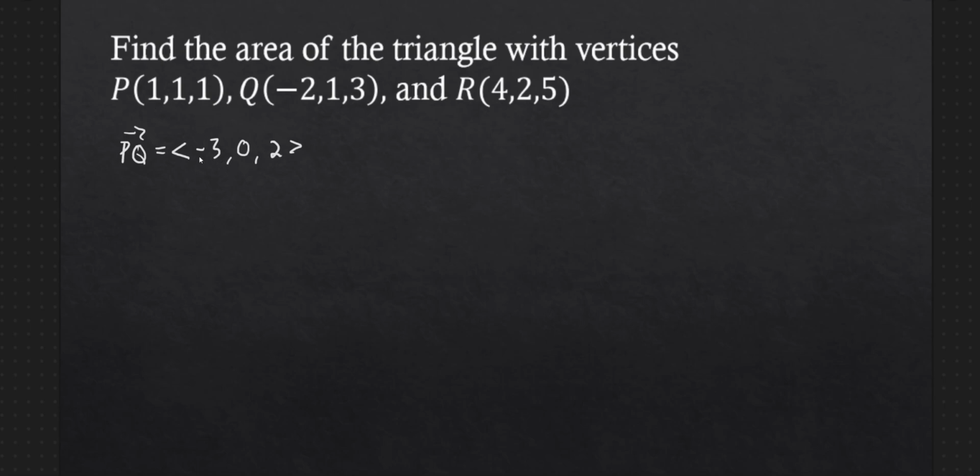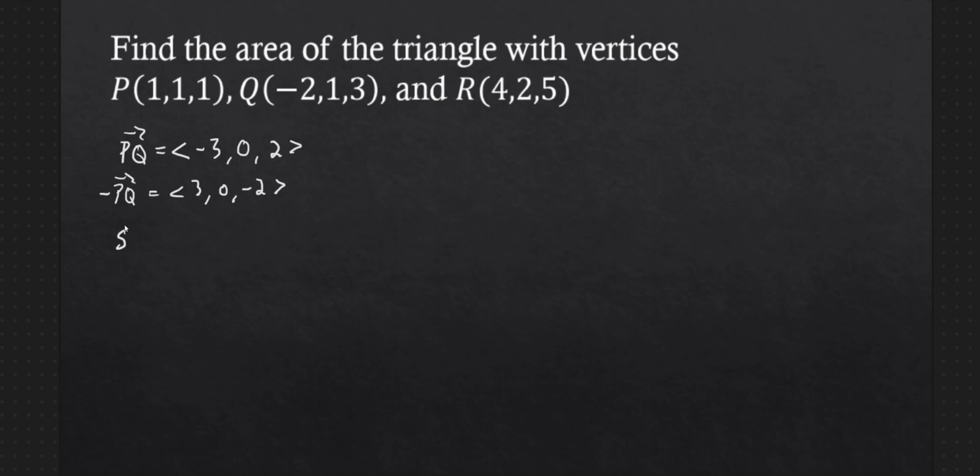So I moved from R in the opposite direction, because I want to go downward. Negative PQ is 3, 0, negative 2. And then I moved this vector from the point R.